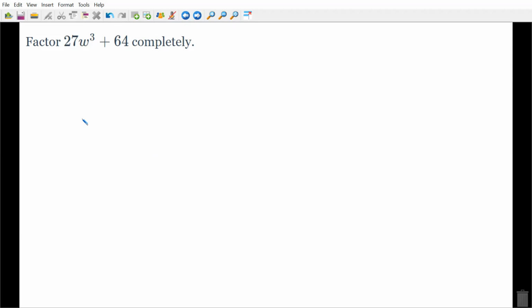And guys, 27w to the third power is the same as what? As 3w in parentheses at the third power. Very good.